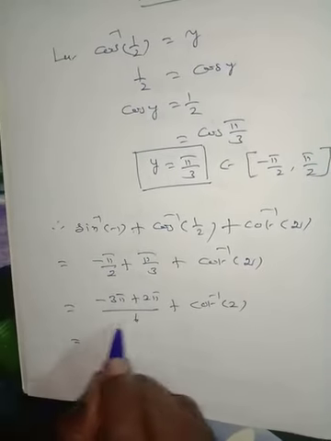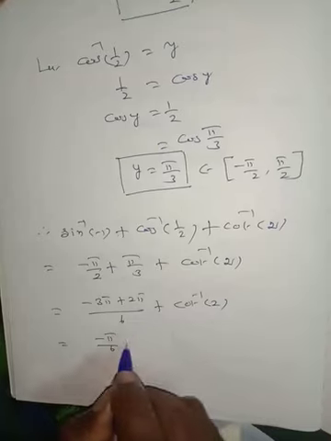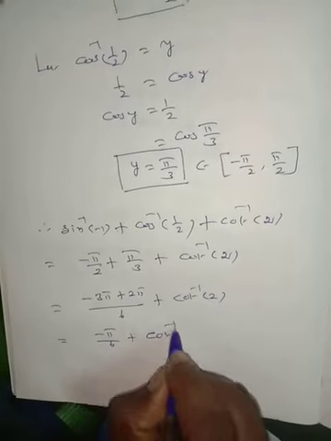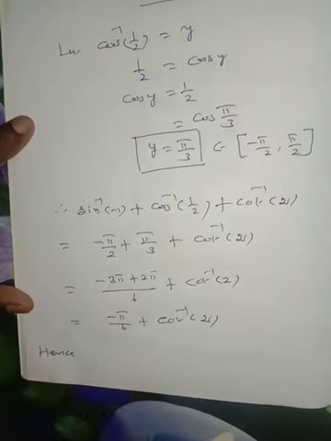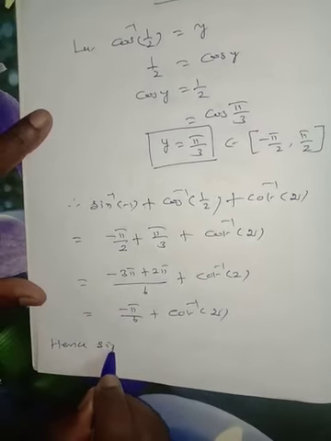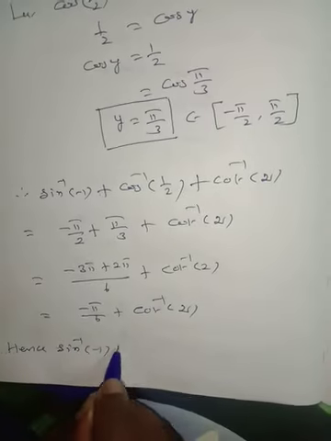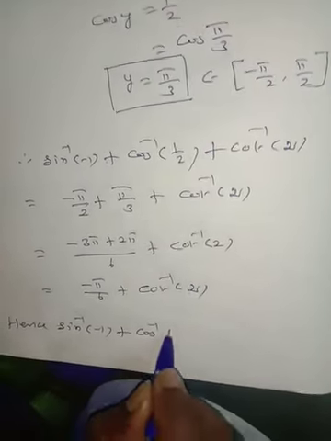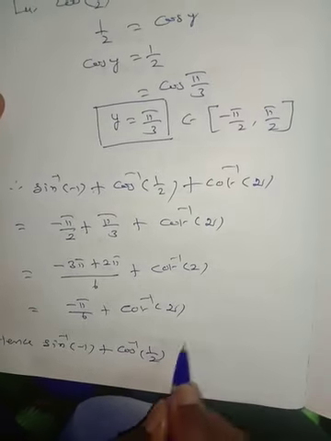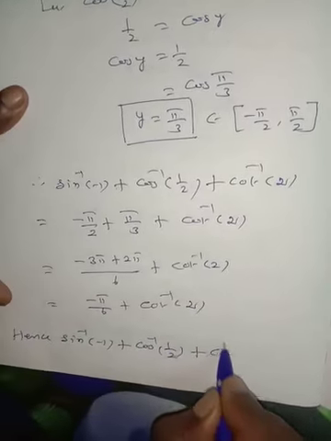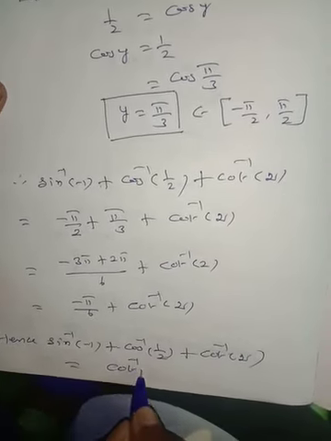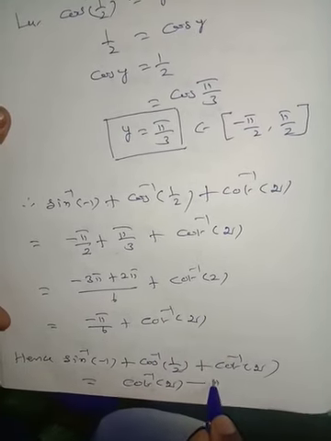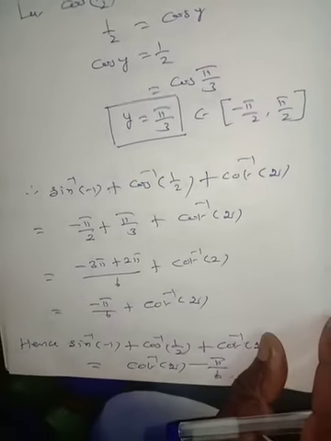Subtracting, we get minus pi by 6 plus cot inverse of 2. Hence sin inverse of minus 1 plus cos inverse of 1 by 2 plus cot inverse of 2 is equal to cot inverse of 2 minus pi by 6. Hence the result.